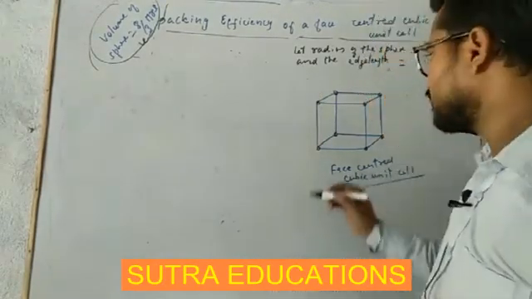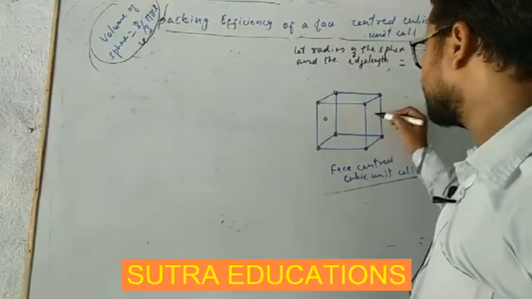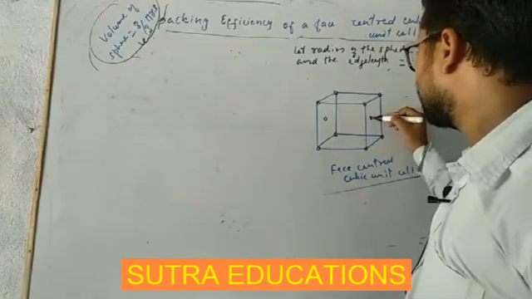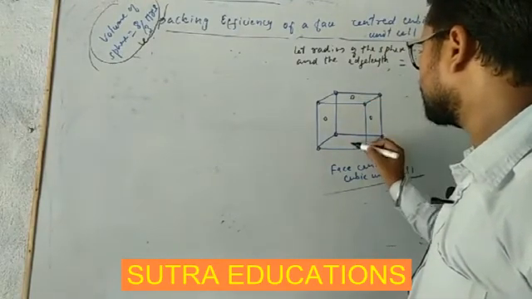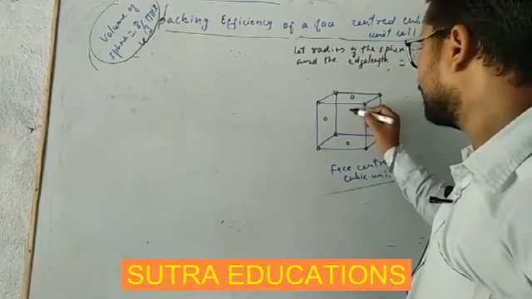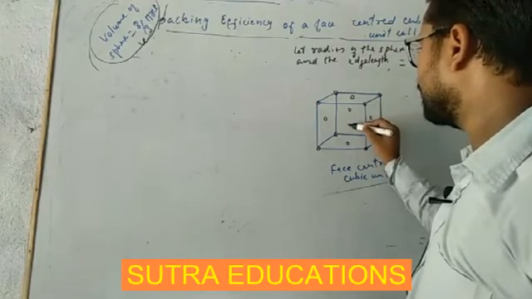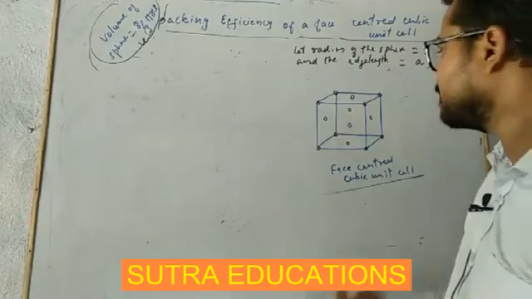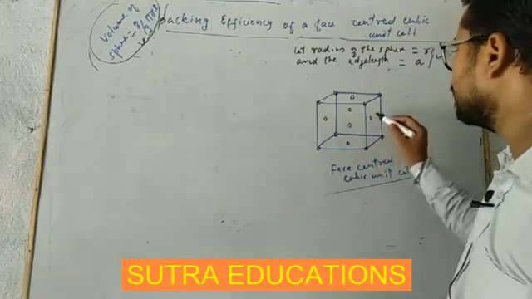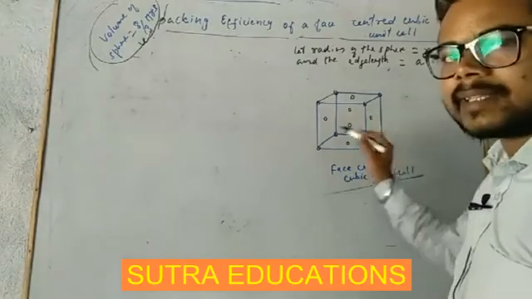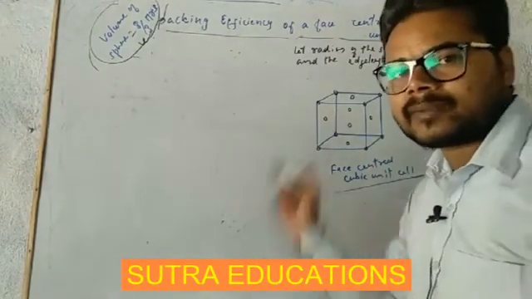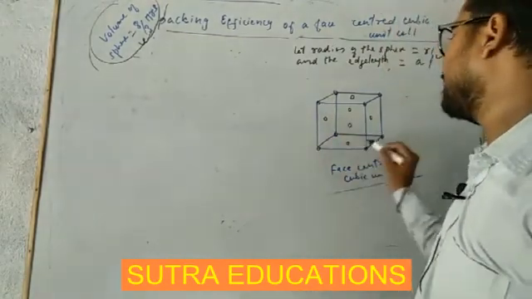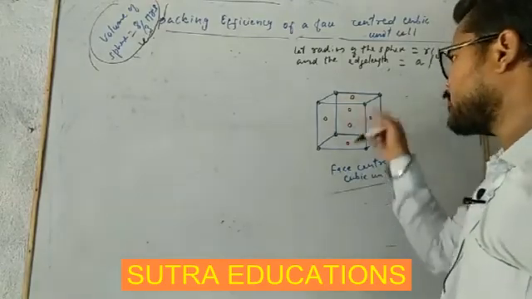Okay, so at this face, one below and one above. You can simply count 1 2 3 4 5 6. 6 atoms are present on the 6 faces of the cube, and 8 atoms are present on the corners of the cube.